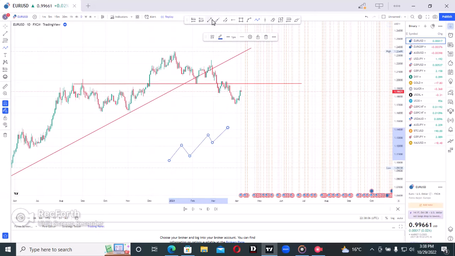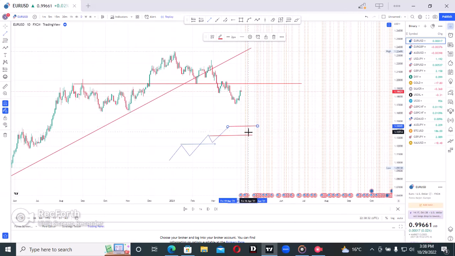So as you can see, we have this support and resistance right here, and then again we have this support and resistance here.